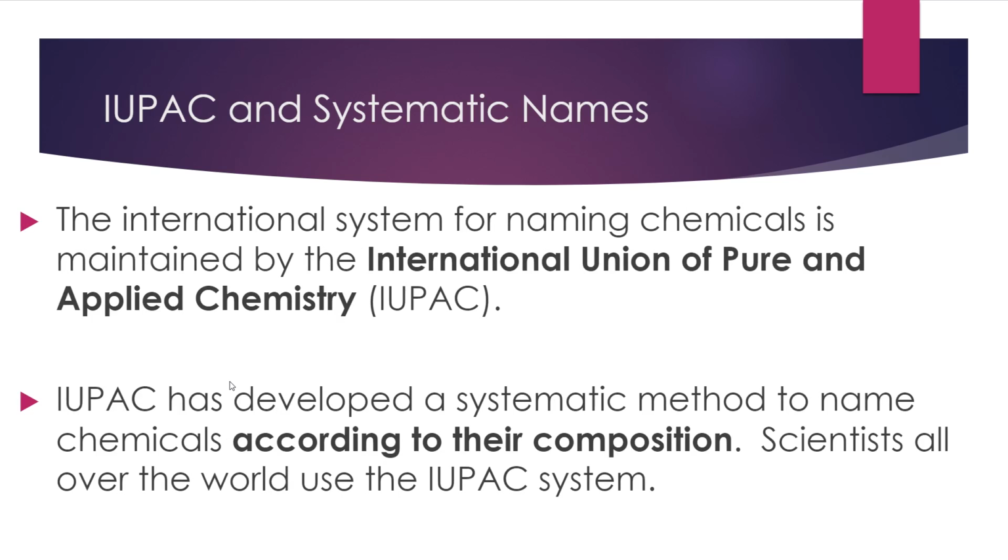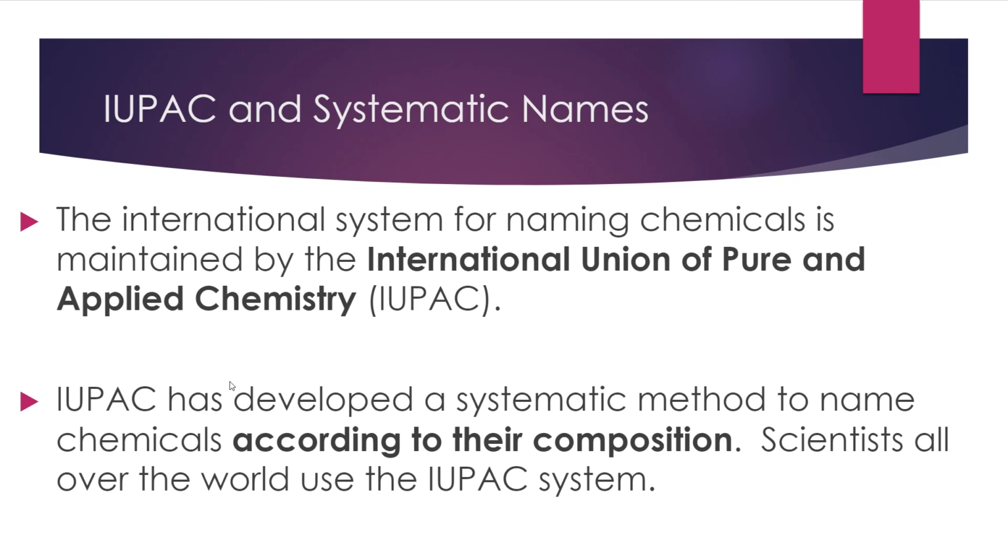The international system for naming chemicals is maintained by the International Union of Pure and Applied Chemistry, or the IUPAC. The IUPAC has developed a systematic method to name chemicals according to their composition.